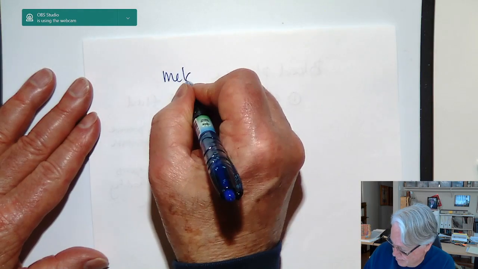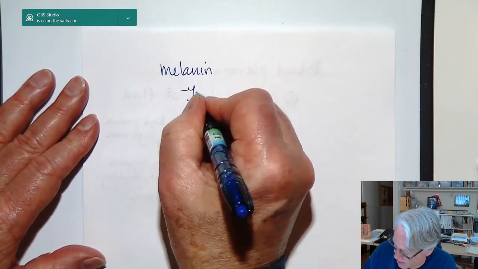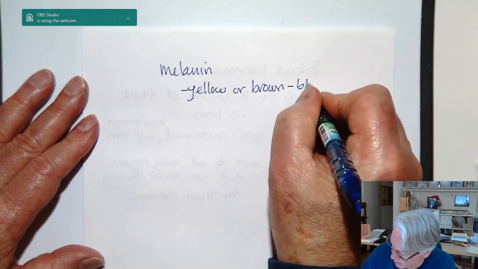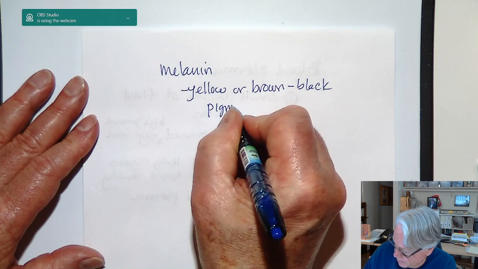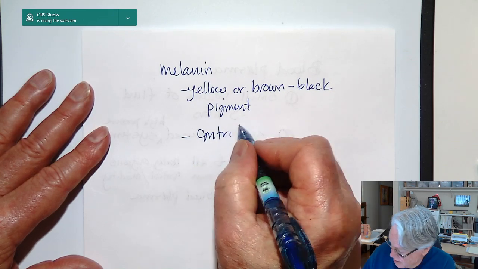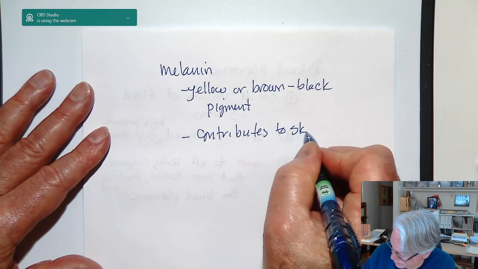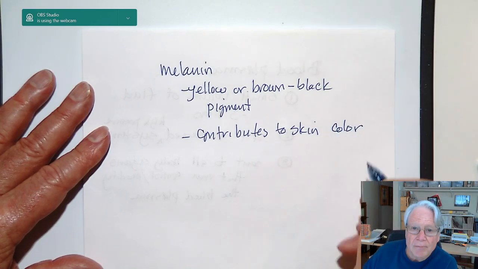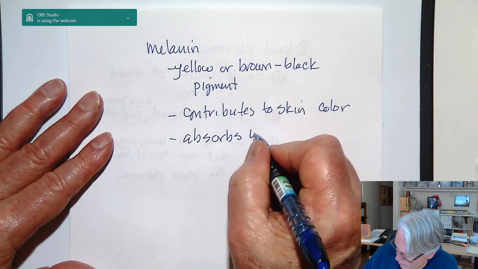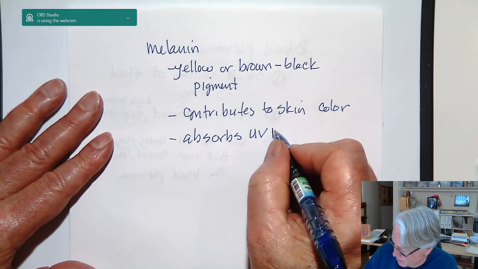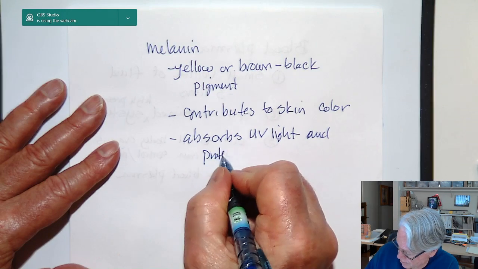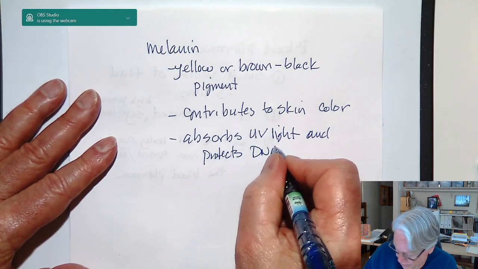Melanin is a yellow, brown, or black pigment that can contribute to skin color and absorbs ultraviolet radiation or light and protects DNA from damage.